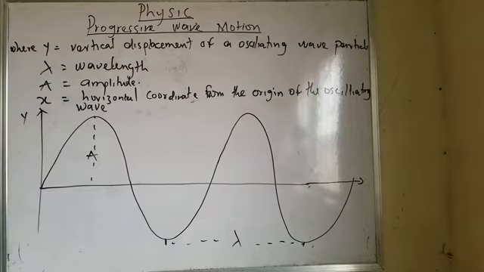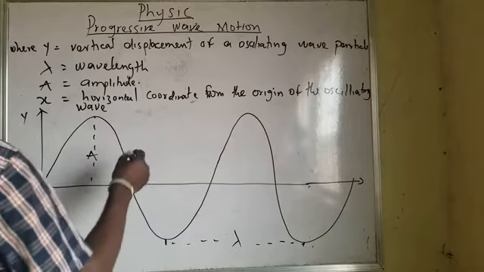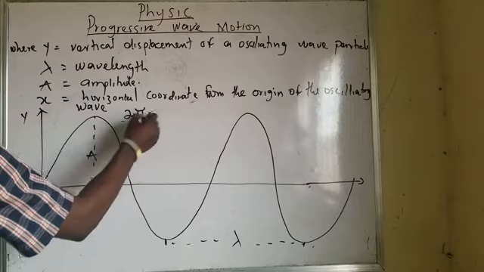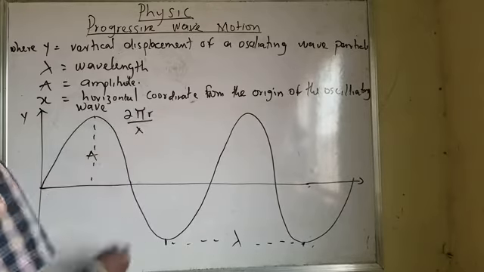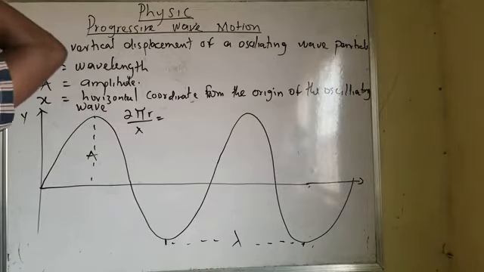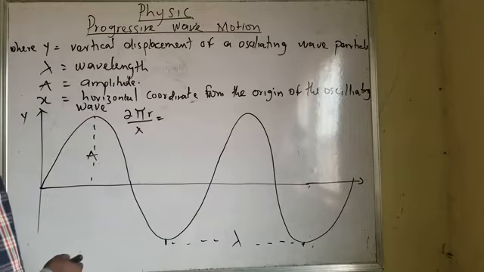Now, before we end this, let me try to explain lambda. One wavelength is the phase difference. This also means the phase difference of the particle at a distance x from the origin.